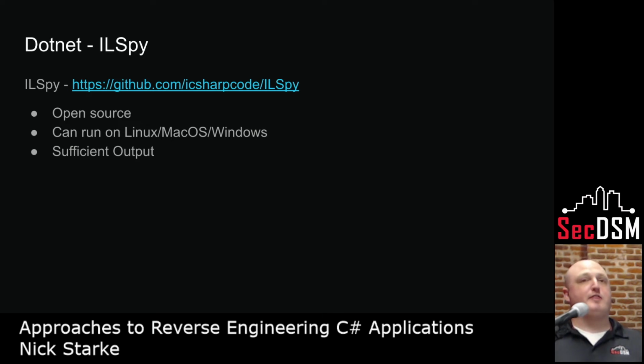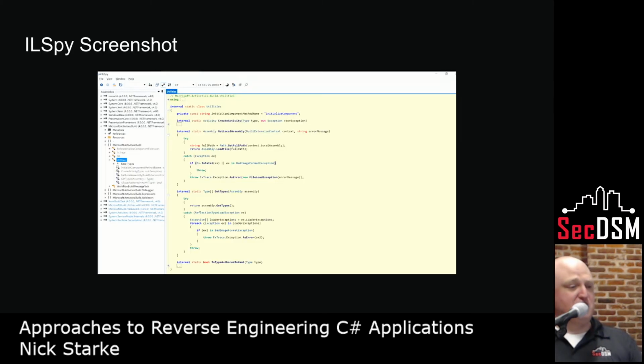Now, if you want to do anything more than understand what's going on, you're probably going to need a different set of tools. But before we go to the next tool, I want to show a screenshot of what ILSpy looks like. It's basically got an assembly explorer that loads all the assemblies in the GAC on the left, and then any assemblies that you load into the tool also on the left, and then the good stuff is what's in yellow here, the source code level representation of the compiled assembly.